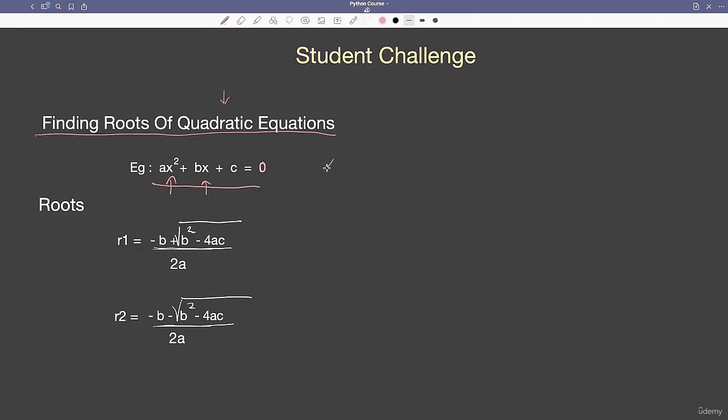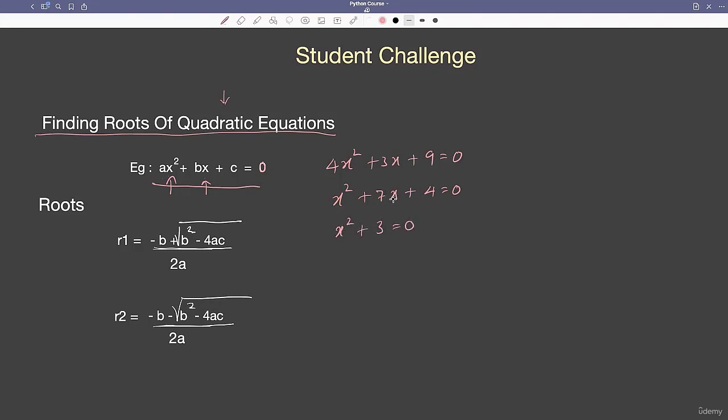For example, 4x square plus 3x plus 9 equal to 0. This is a quadratic equation. It is involving a single variable, and the highest degree is 2. One more example, x square plus 7x plus 4. This is also a quadratic equation. Now one more, x square plus 3 equal to 0.